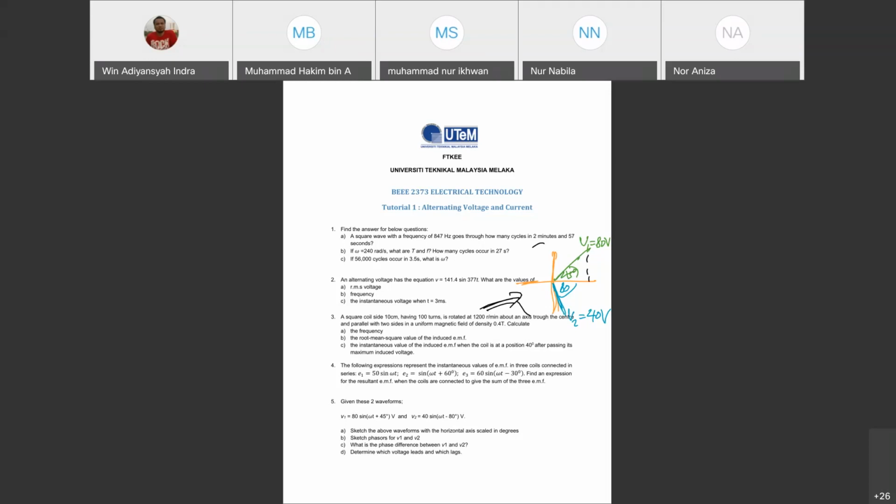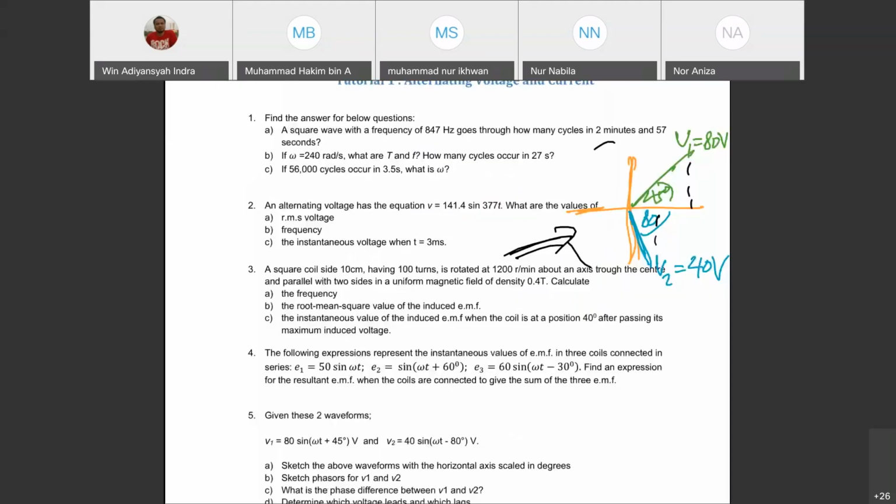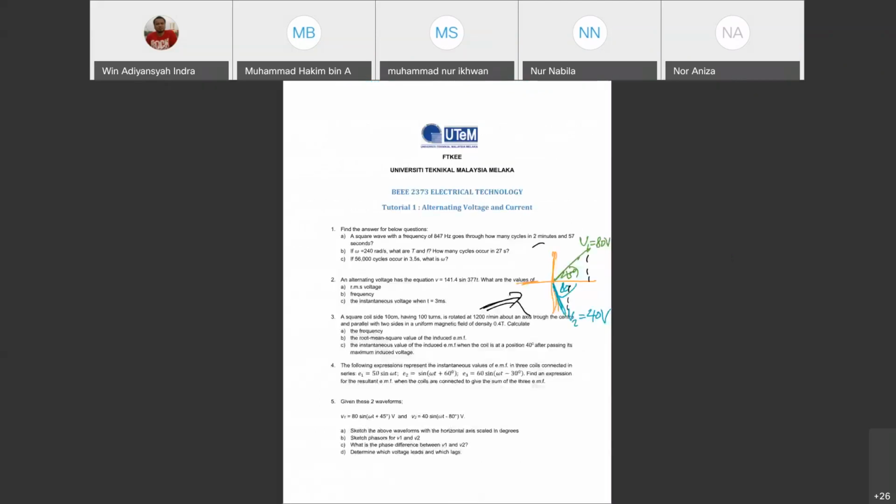If we project V1 onto the x-axis, that will be 80, because the amplitude is 80, so 80 cos 45.